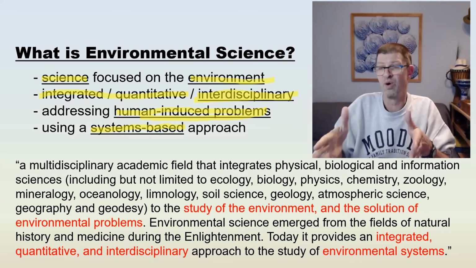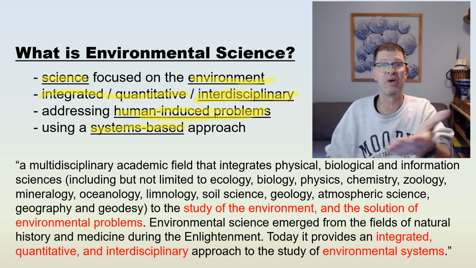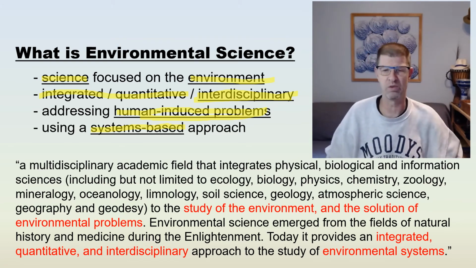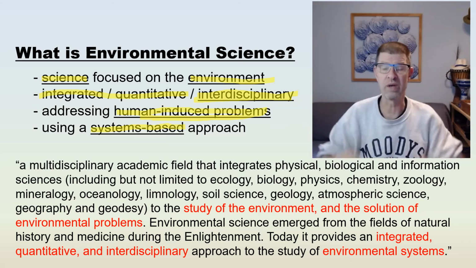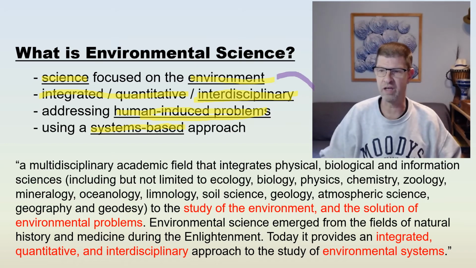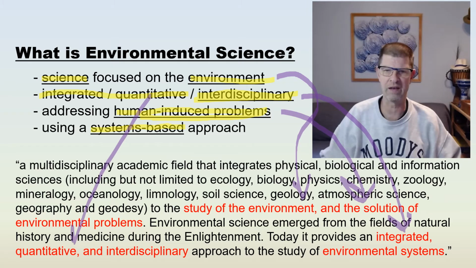And then down below, I grabbed a definition out of one of your texts. I don't know which one it was. But I highlighted some of the things in this definition which re-emphasize what I'm talking about here. So it says here, study of the environment, okay, and it is the solution of environmental problems right there, and that it is integrated, so we have that, and that it is quantitative, so we have that, and interdisciplinary, so we have that, and it is focused on environmental systems.